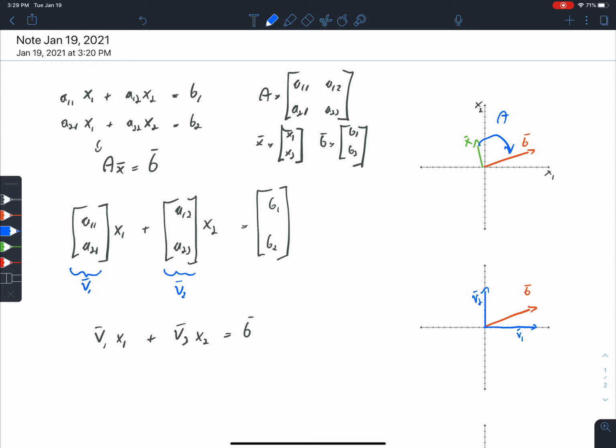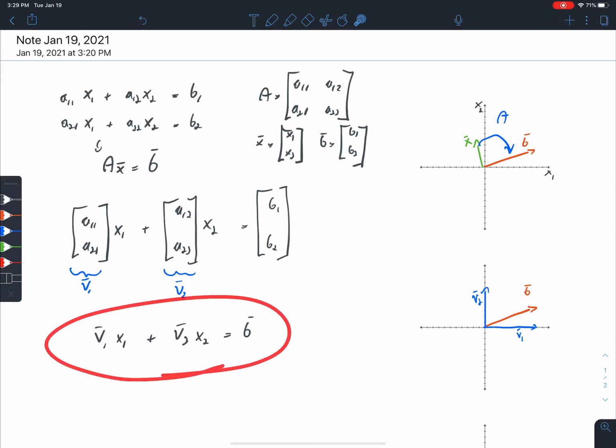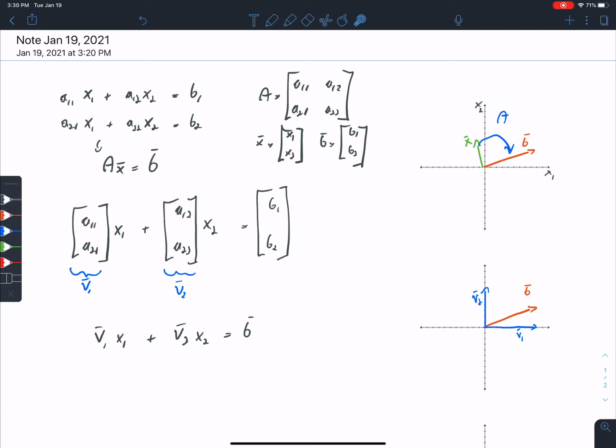So another way to interpret this linear system of equations written over here is to see that when we're solving the linear system, we're asking for what are the coefficients of this linear combination of the column vectors of A, such that when I perform this specific linear combination, I get exactly vector b.